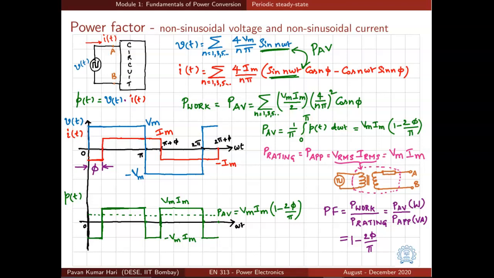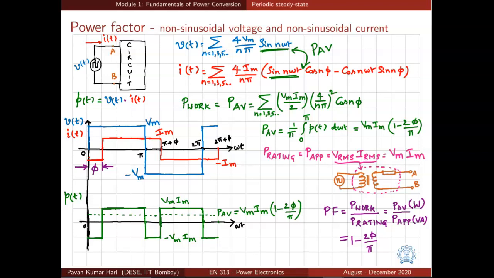So the square wave voltage can be expressed in terms of its constituent harmonic components using Fourier series. So that is shown here. V of t is equal to sigma n equals 1, 3, 5 and so on, 4 Vm by n pi sin n omega t. We know that 4 Vm by pi is the peak value of the fundamental component of a square wave, and any other harmonic component has 1 by nth of the magnitude of the fundamental component.